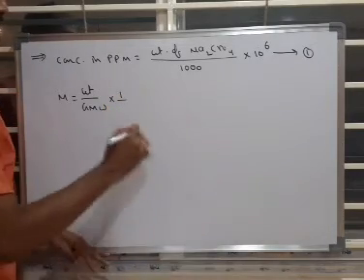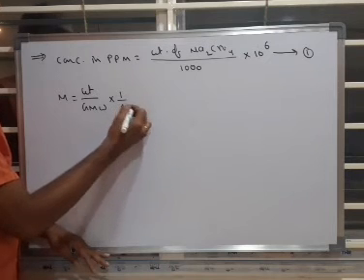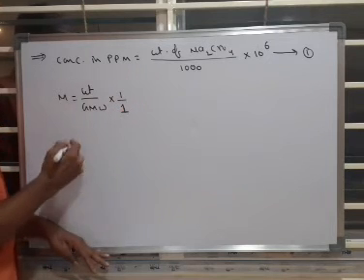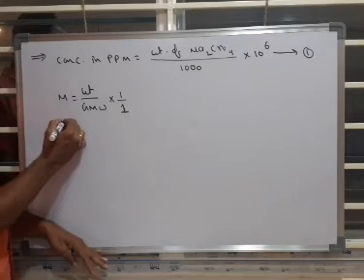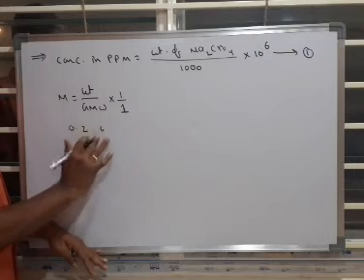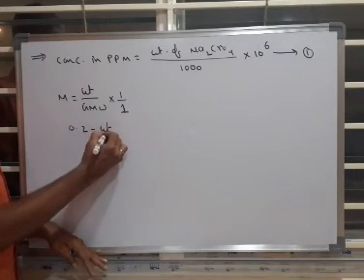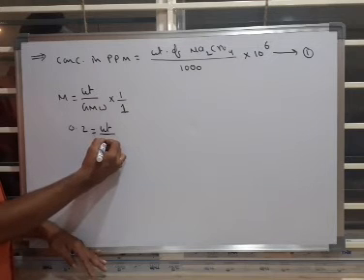So we calculate for 1 liter. Because we already know the molarity, how much molarity was there? 0.2. So 0.2 equals weight by the gram molecular weight of sodium chromate.